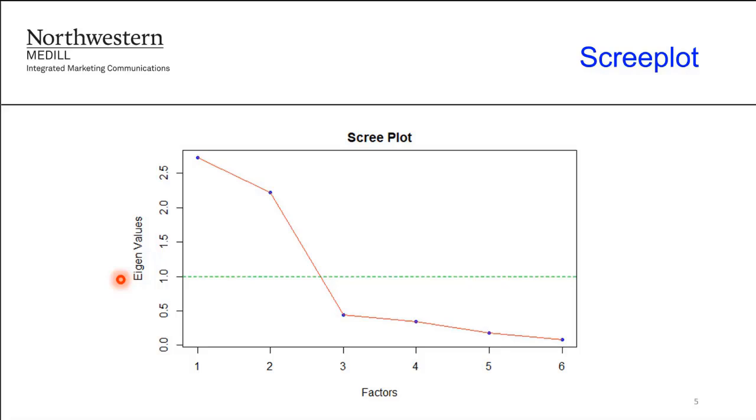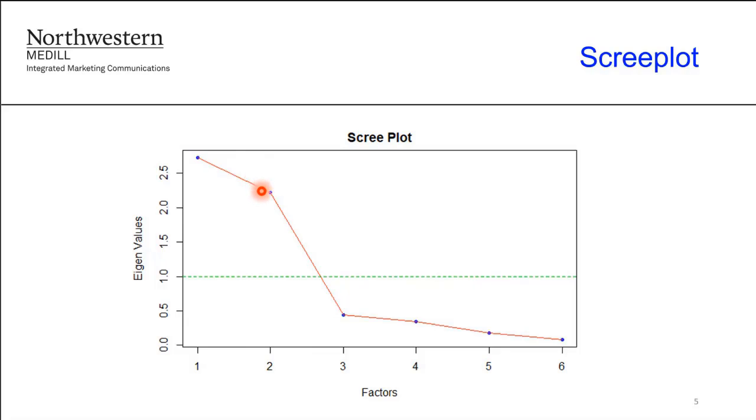This is the scree plot for the toothpaste data, and it is very close to the Kaiser rule. What we can see is that up to 2 factors, the eigenvalue is over 1. Factor 1 is over 2.5, and factor 2 is between 2 and 2.5.